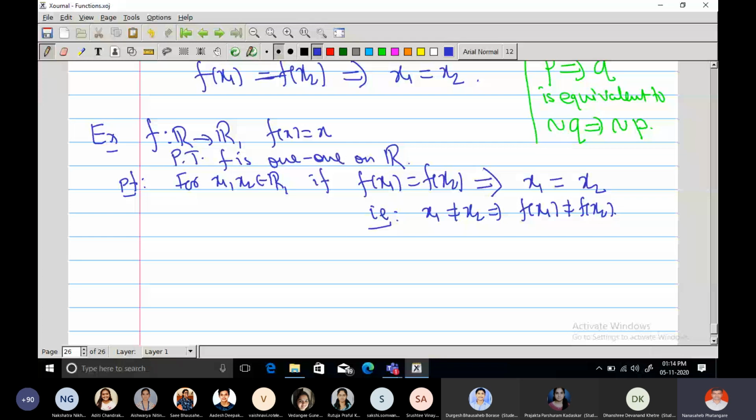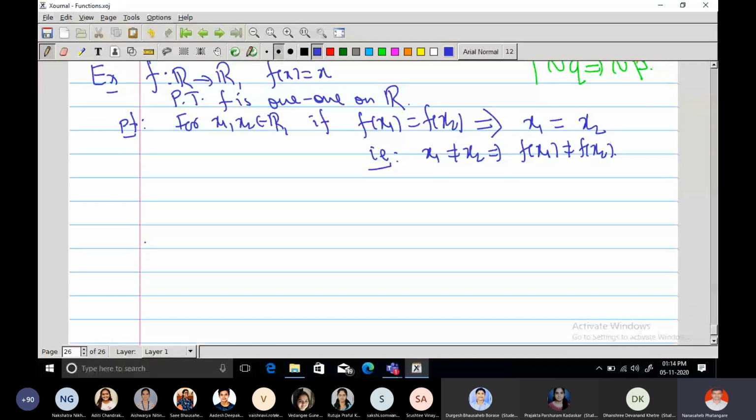Right. So if I define another function f from R to R, f(x) is equal to 3x plus 2, is it 1-1? Is it a 1-1 function? Let us check.